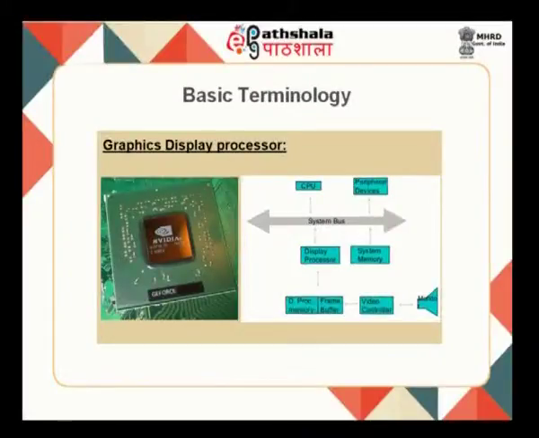This representation is given as input to the display processor. The display processor converts the pictorial information into equivalent pixel intensity values. This process of converting the information of a picture, which is not in the form of pixels, into a rectangular array of pixels is called scan conversion, and that is what the display processor does.